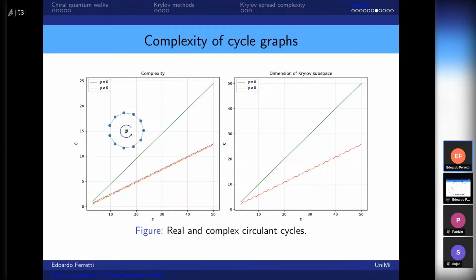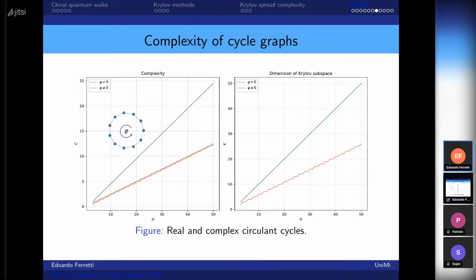And because of quasi-gauge invariance, we only have one independent phase, which is phi. So we consider a Hamiltonian for which any edge has the same phase. This is called a circulant Hamiltonian because it has Zn symmetry.